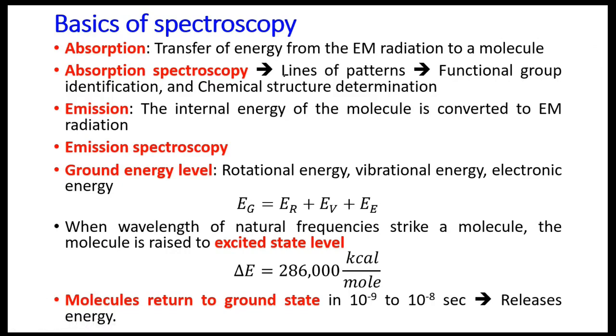Now, in absorption spectroscopy, I have written lines of patterns. What are these? These are what you get when you are analyzing the matter across the wavelength, say 400 to 800 nanometer. This is the wavelength band. Then you are scanning.